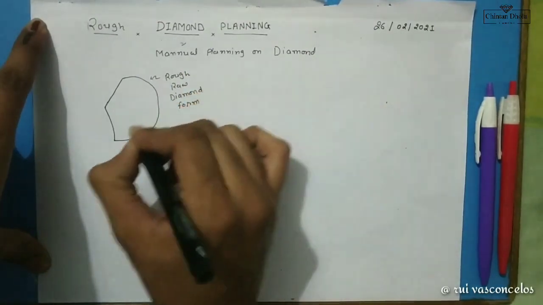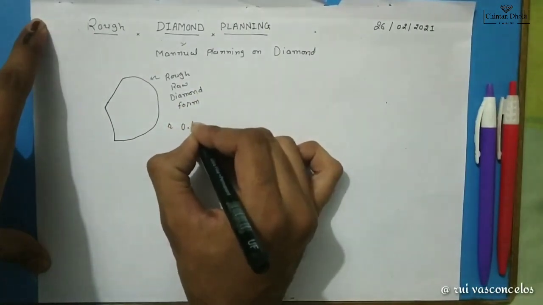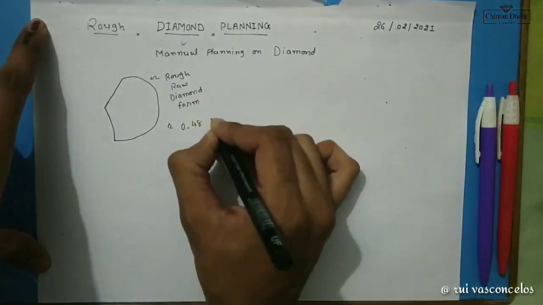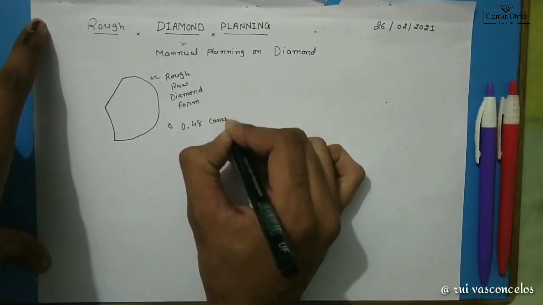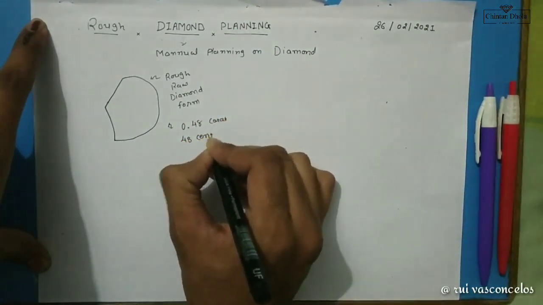The size of this diamond is only 0.48 carat, in the sense 48 cent.